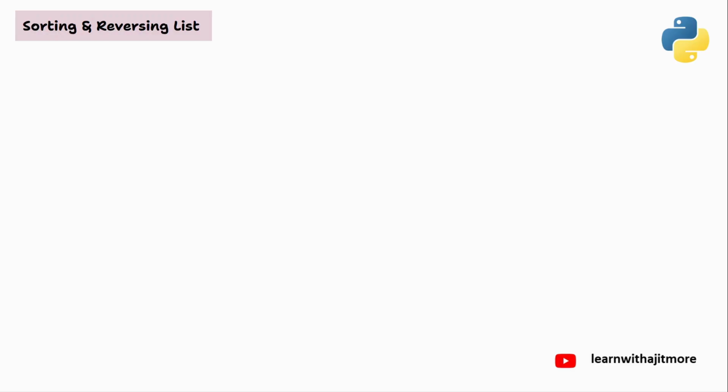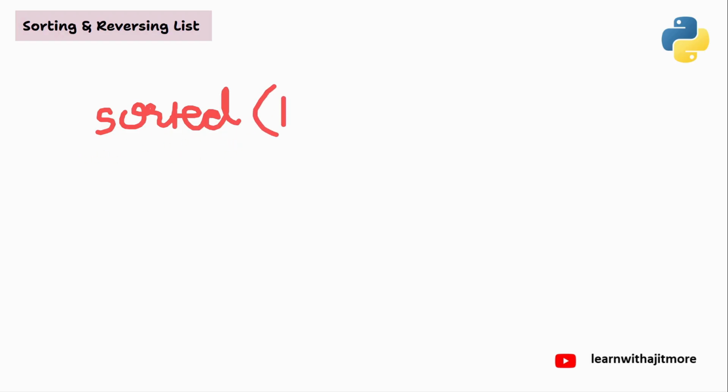Then there are some methods for sorting and reversing also. Okay. Like there is one method called sort. Yesterday also we have discussed sorted. One built-in function sorted, if you remember. But that was a function, a built-in function.